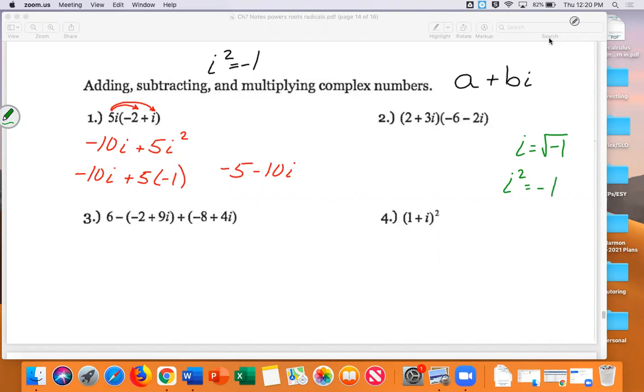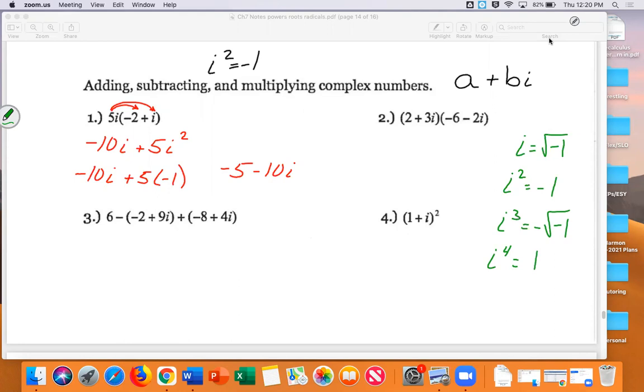Well, what would i cubed be? i cubed would be i times i squared, so the square root of negative 1 times that would be negative square root of negative 1. What would i to the fourth be? Well, that's i squared times i squared, so it's negative 1 times negative 1. That's 1.